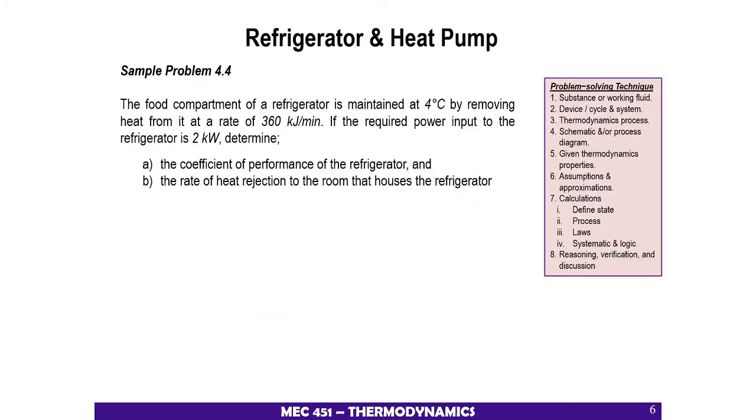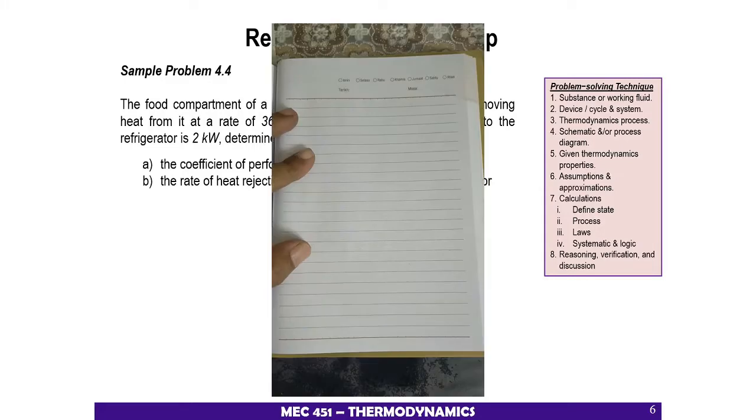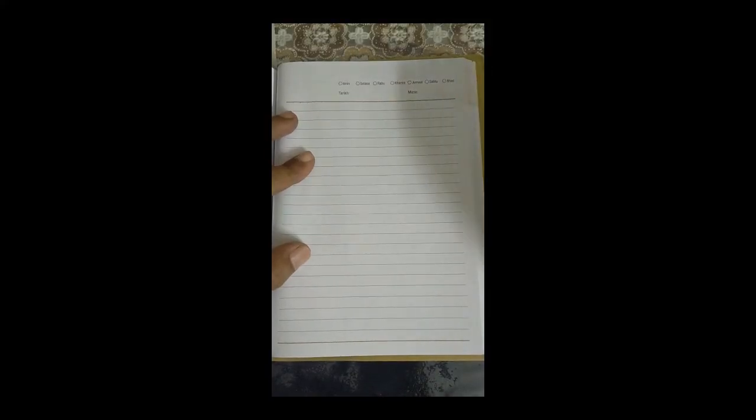Sample problem 4.4. The food compartment of a refrigerator is maintained at 4 degrees Celsius by removing heat from it at a rate of 360 kilojoule per minute.